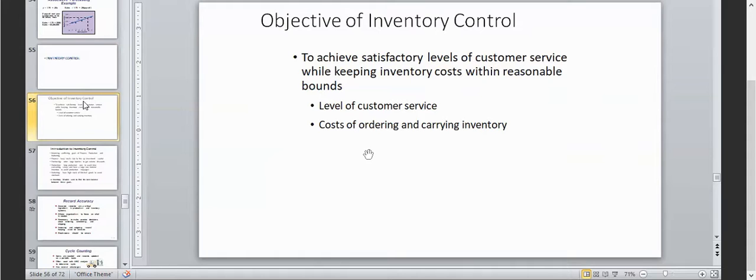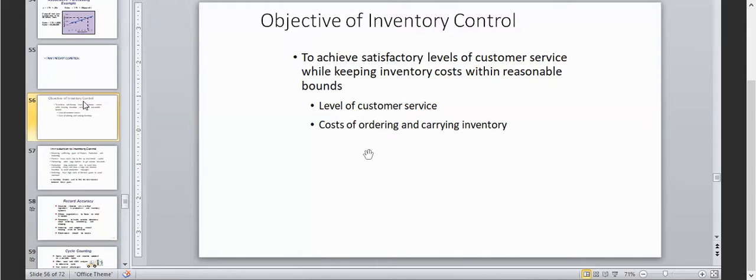So we have here inventory control to achieve a satisfactory level of customer service while keeping inventory costs within reasonable bounds, and to maintain the level of customer service and to minimize the cost of ordering and carrying inventory.